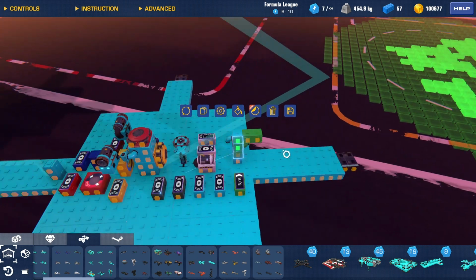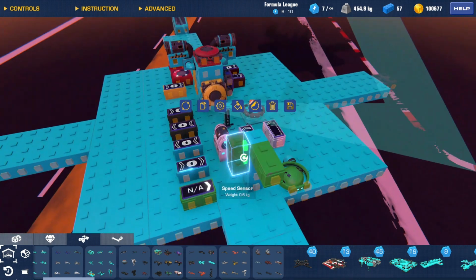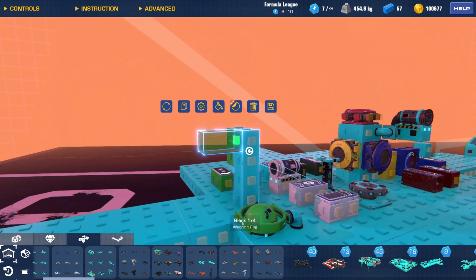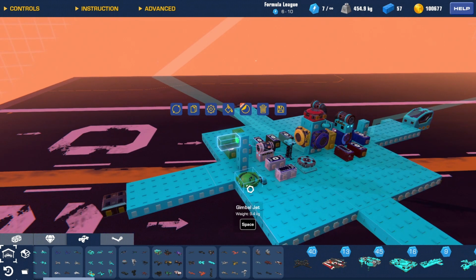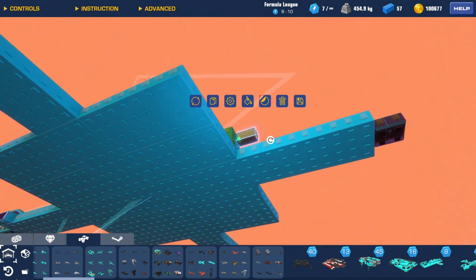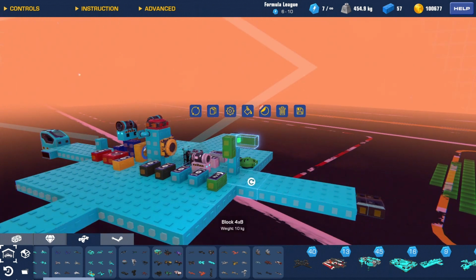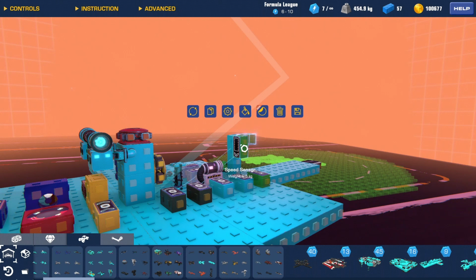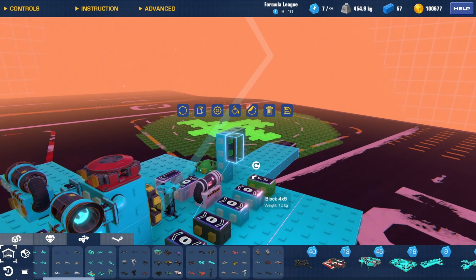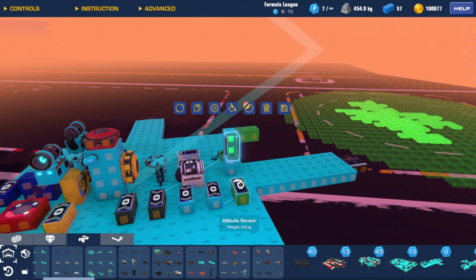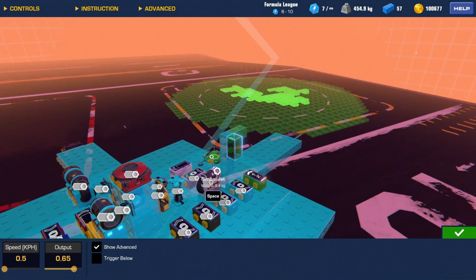Lastly, there are the green parts, which are all made to keep the drone afloat. So the drone stays floating through a gimbal jet, through a distance sensor that senses the ground, and through a speed sensor that stops it from falling out of the sky if it is really high up.